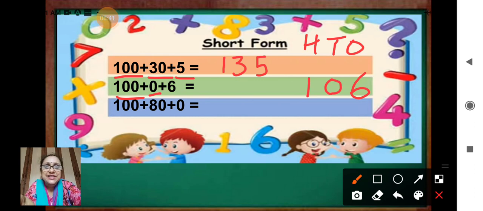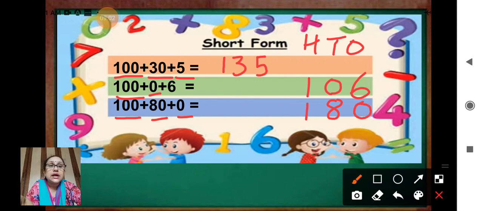Now again the next one, 100. Write 1 in the hundreds place, plus 80. So for 80, that is in tens place, 8 tens, write 8, and plus 0, 0 is in ones place. So nothing is there. So we will write 0 in ones place. So our answer is 180. Okay? Clear, children? Now you can do.